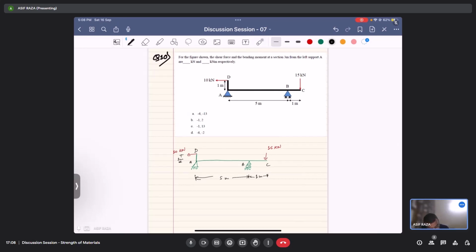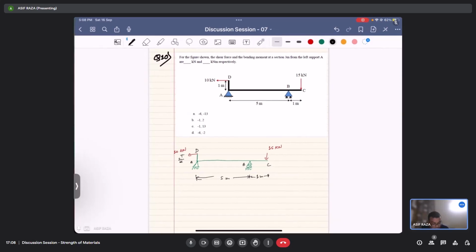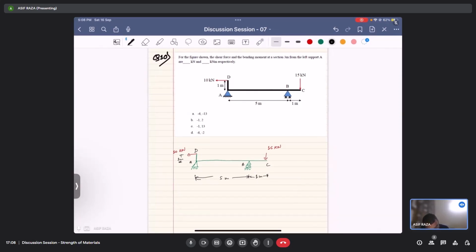So if I take 3 meter from here, that would give me 3 meter from the left. A, B, C, D, E, right?